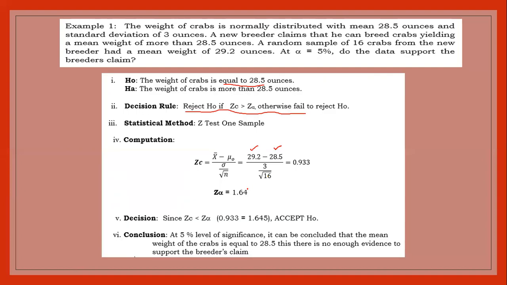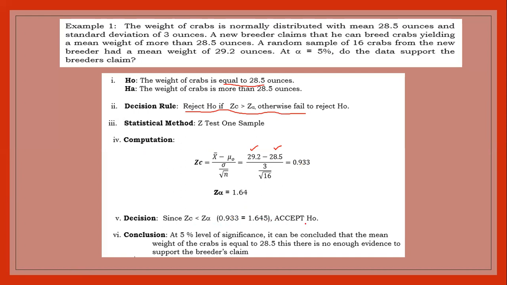Okay, so i-compare natin ngayon. Sabi dito sa decision rule, reject HO kung mas malaki ang Z computed sa Z alpha or tabulated. Okay, mas malaki ba ang 0.933 sa 1.64? Hindi. Okay, so since Z sub C is less than Z alpha, hindi natin i-reject but we accept HO.